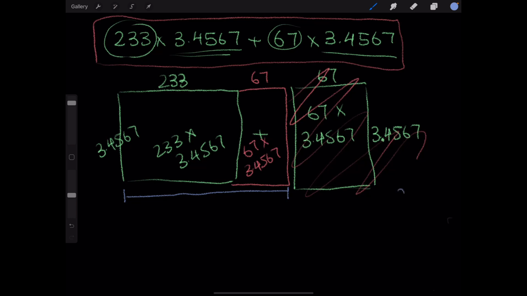Oh, okay, let's do that one. All right, so we'll do it here. 233 plus 67. You want to talk me through that one? So 3 plus 7 is 10, and carry the 1. 3 plus 6 is 9, and then you add the 1, and that's 10. Carry again. And 2 plus 1 is 3. So actually this whole length here is 300.